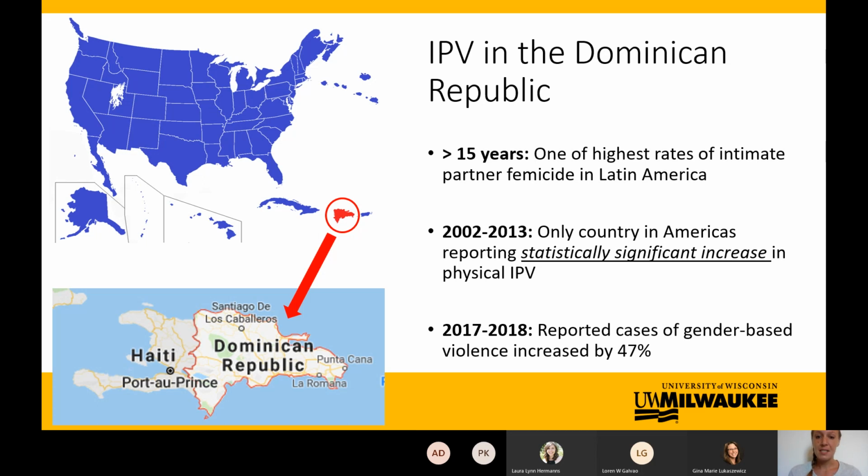Additionally, since those statistics are slightly old, but the newest that we have in terms of nationwide survey data, there is specific local data that shows that reports of gender-based violence increased. Reports to authorities increased by 47% just between 2017 and 2018 in the Dominican Republic. Next slide, please.